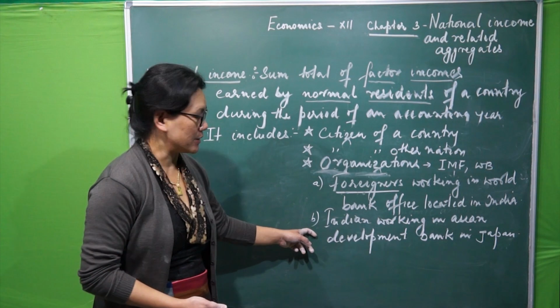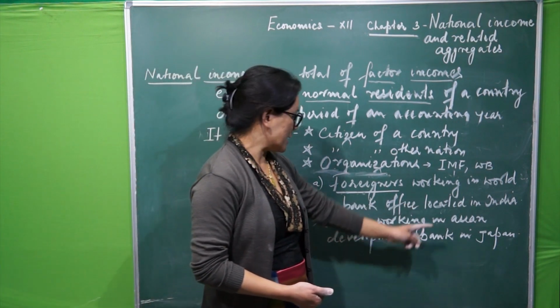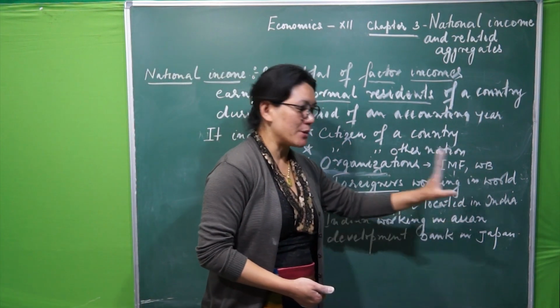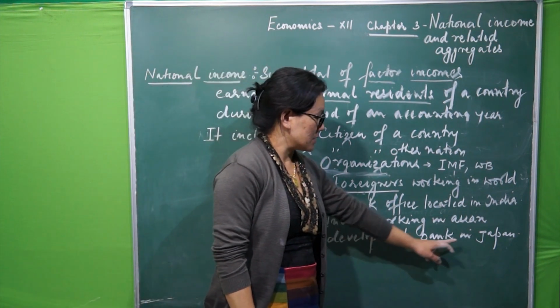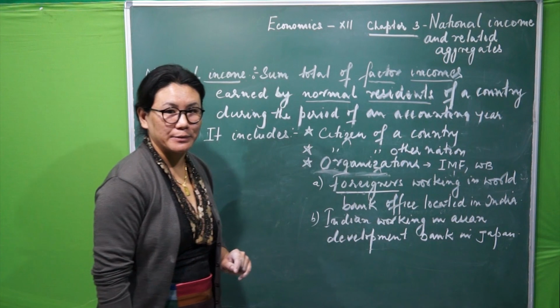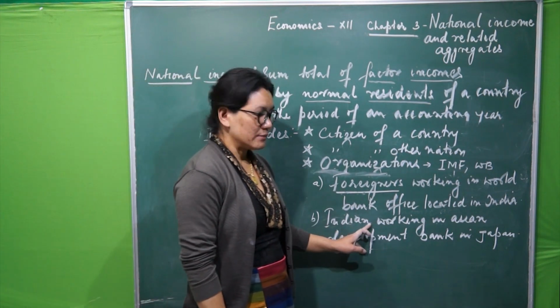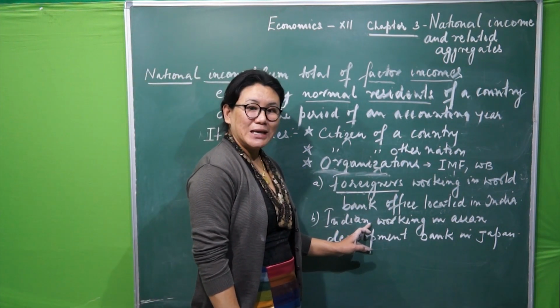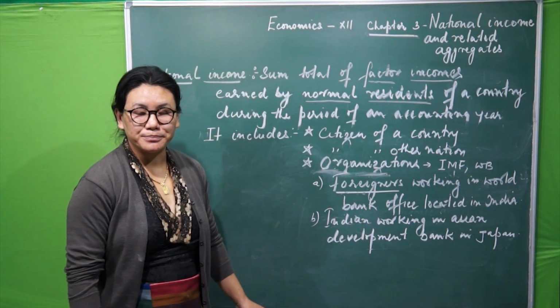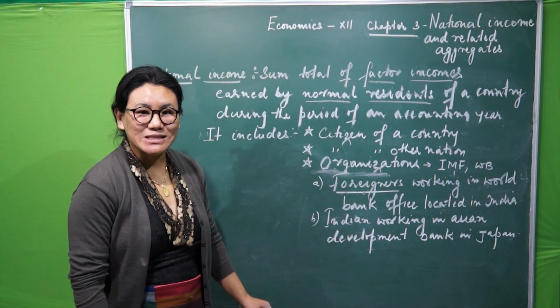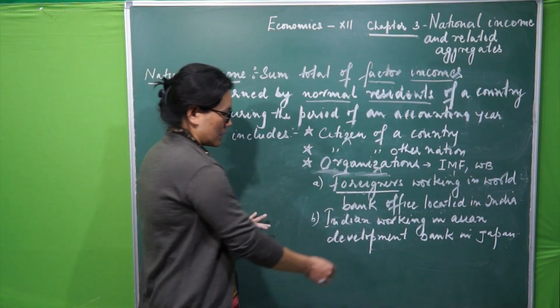Third example, see here. An Indian working in the Asian Development Bank in Japan. So see here, this is located in Japan. Who is working? An Indian. Now this Indian, will he become a normal resident of India? Yes.